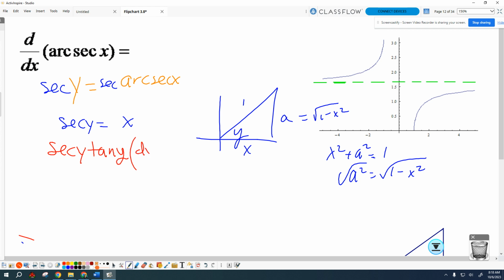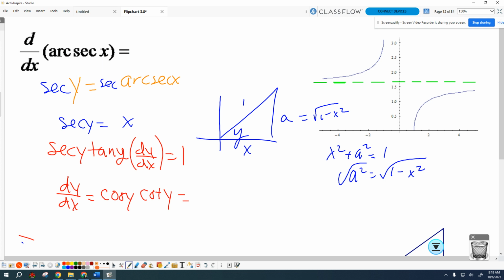And then implicit differentiation, because if I don't do that, I've lost my derivative entirely. So this is cosine y, cotangent y. All right. Cosine of y is x over 1. I'm doing something wrong.